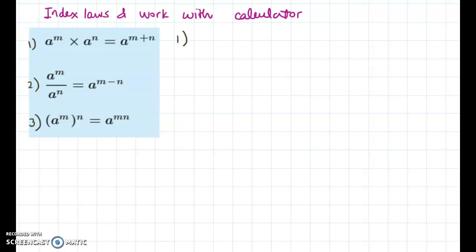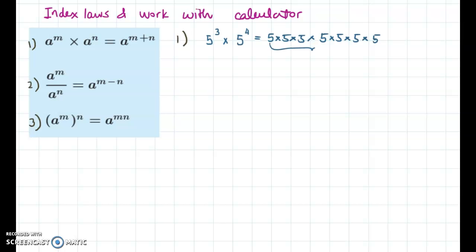Let's say we have the number 5 to the power of 3 multiplied by the number 5 to the power of 4. What we have over here is the number 5 multiplied by itself 3 times, and then multiplied by the number 5 multiplied by itself 4 times.